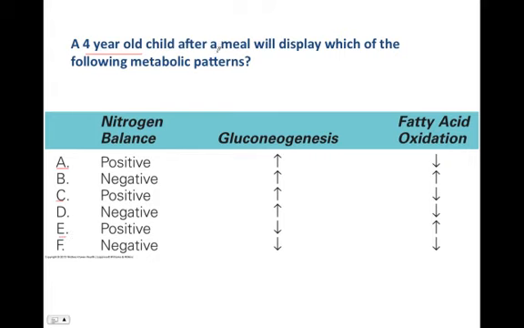The question also says immediately after a meal. Let's assume this is an adequate meal with an adequate distribution of protein, carbohydrates, and fat. So our ratio of insulin to glucagon will be high. Under these conditions, neither gluconeogenesis or fatty acid oxidation should be occurring.